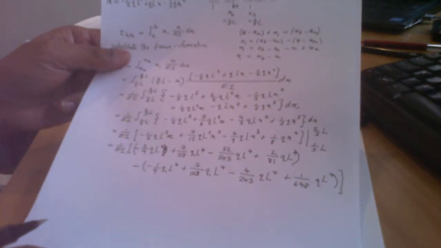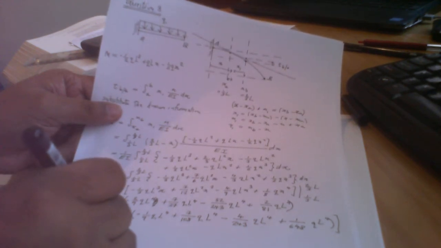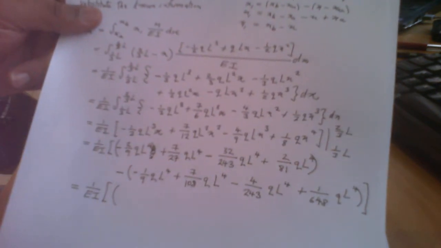Just work it out with the calculator to get the answer at the end of the day. 1/EI, open the square bracket, add everything in the round brackets.